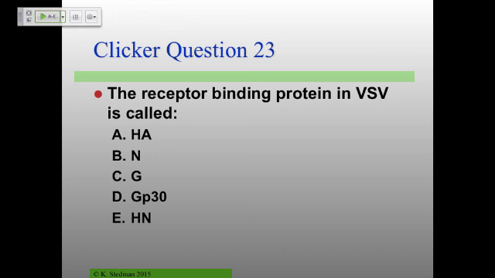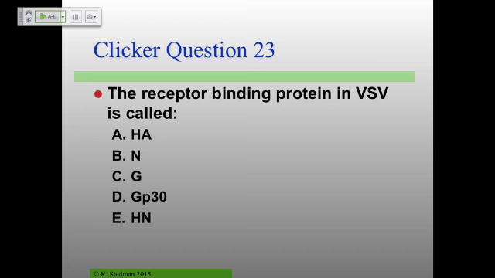So the receptor binding protein in VSV is G. What's HA? Hemagglutinin from what? Influenza virus. N is what? Nucleocapsid protein.